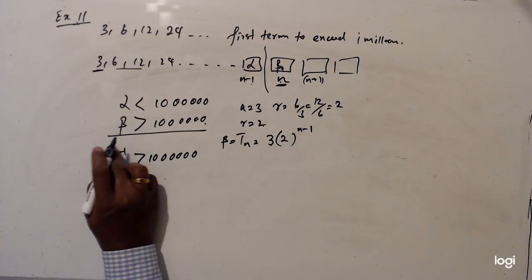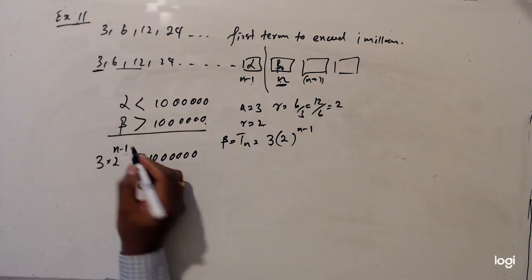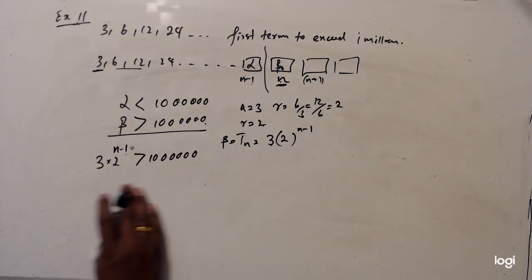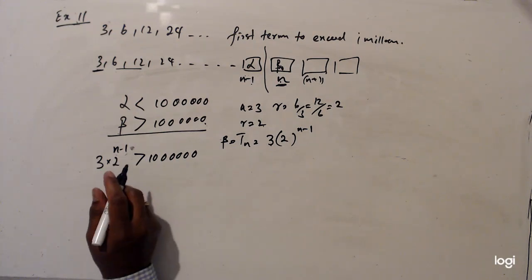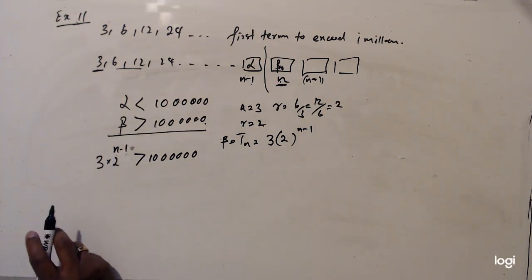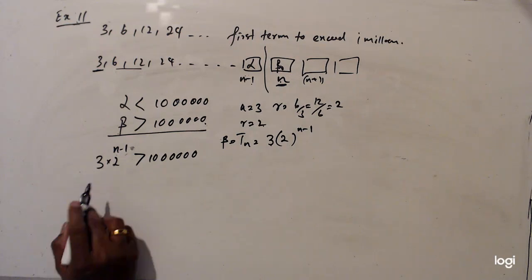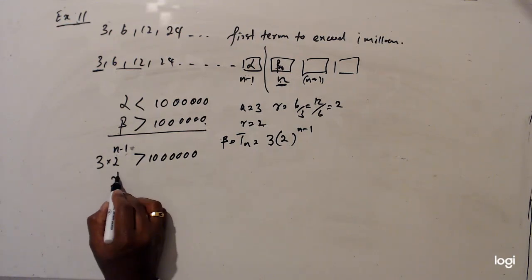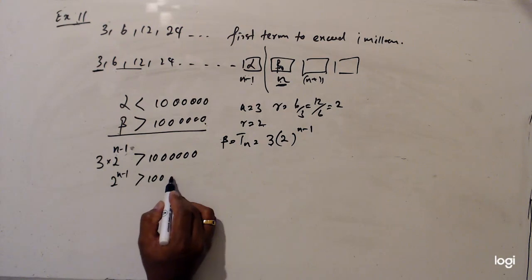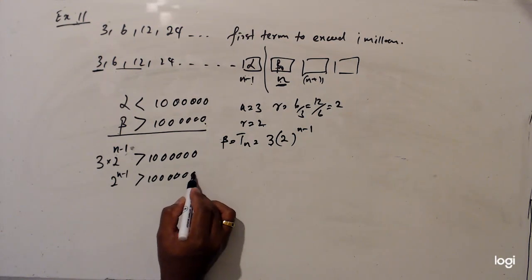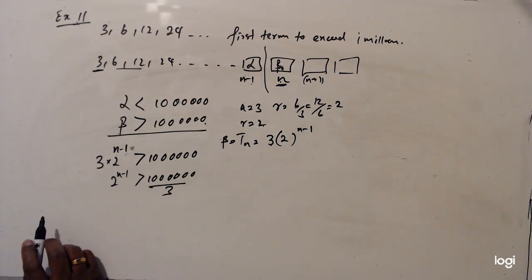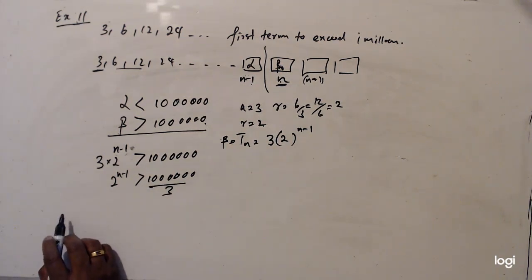Now we have to solve this one. This is an inequality or equation. If we have an unknown term as a power, the way we solve it is to introduce the log. So let me write this one first: 2 to the power n minus 1, divided by 3. Now we'll introduce log.